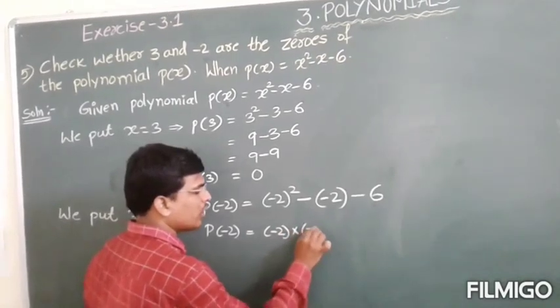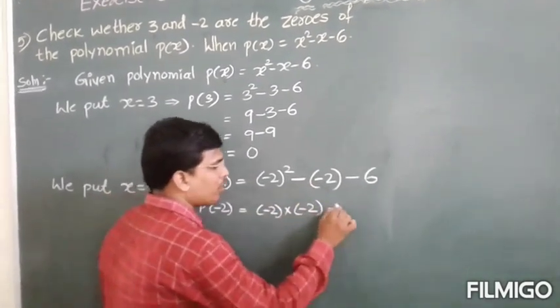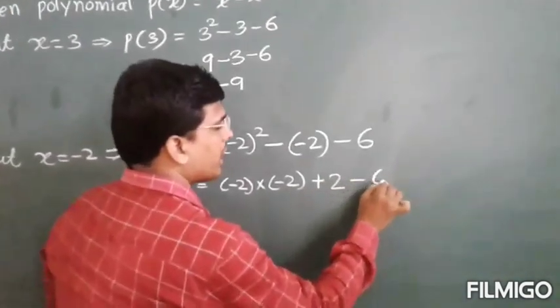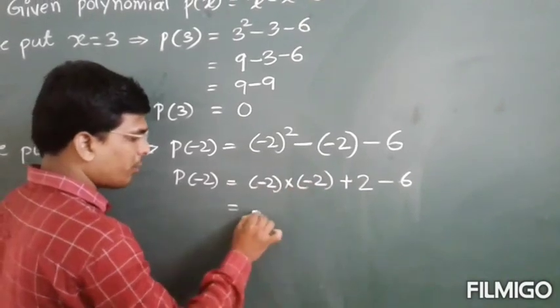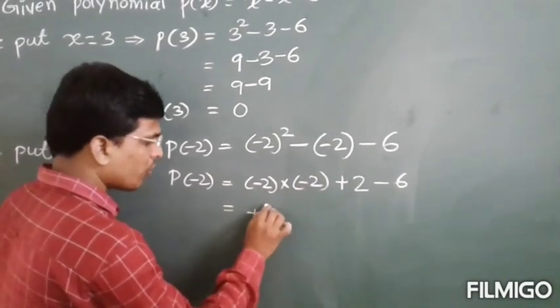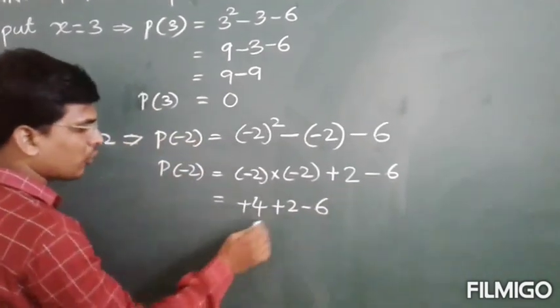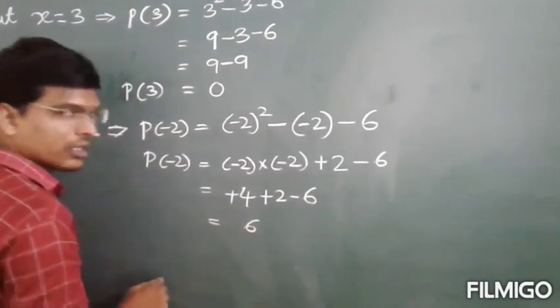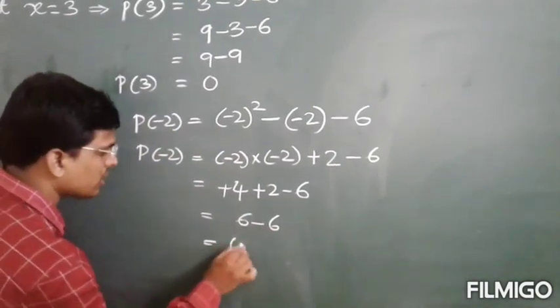So p of minus 2 is equal to minus 2 whole square, minus 2 into minus 2. Then minus into minus is plus, 2 into 2 is 4, plus 2 minus 6. Plus 4 plus 2, how much? 6. Next minus 6. 6 minus 6, how much? 0.